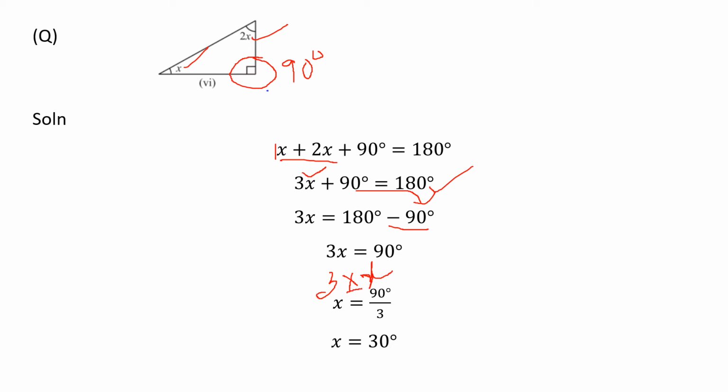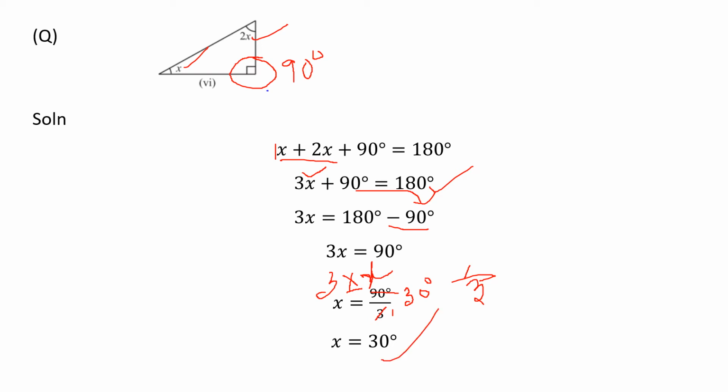Into symbol. So when you bring this 3 to the right hand side, we will be writing this in the reciprocal method. The meaning is 1 by 3. So 90 into 1, 90 by 3. Okay, now cancel it. You all know 1 3 is 3. 3 3s are 9. So 30. Okay, x is equal to 30 degree.